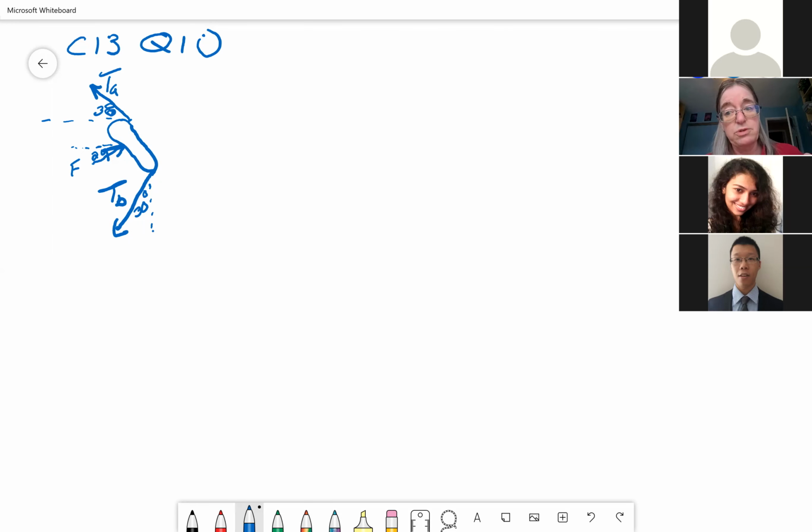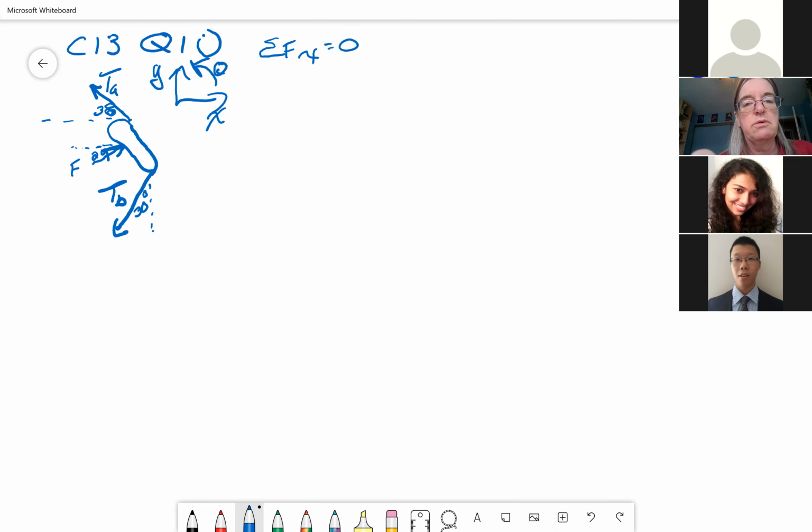Certainly when it says no motion, you know this is an equilibrium situation where the sum of the forces in the x direction, let's just decide which direction I'm going to call x is that way, y is that way, equals 0, the sum of the forces in the y direction equals 0, and the sum of the torques around what point? You could take it around any point.